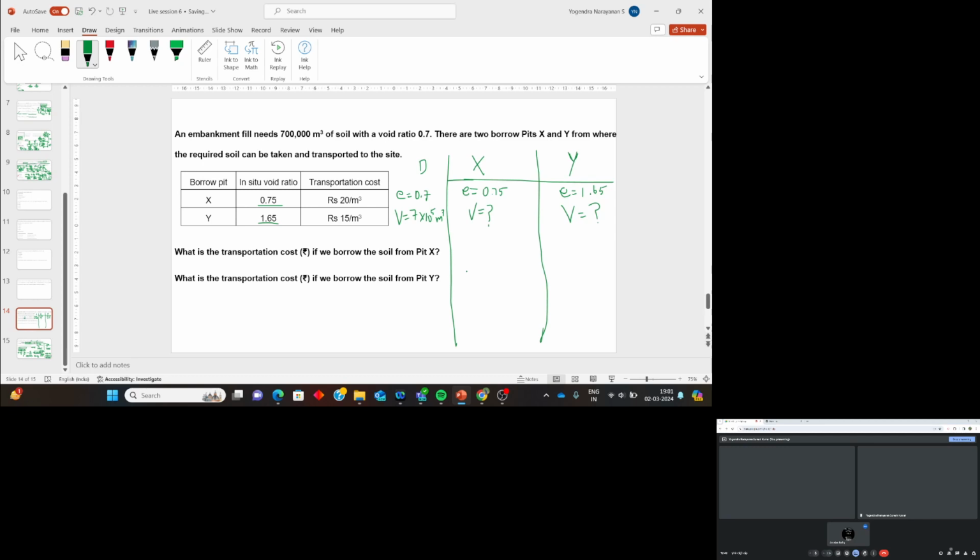Now, which is the common parameter relating it? Which common parameter does not change?